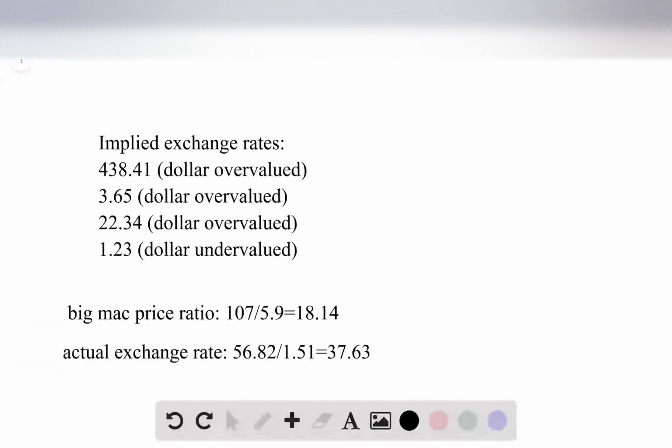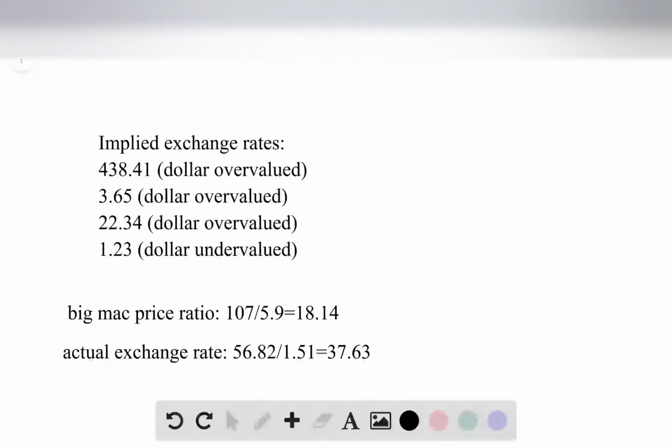Then we can look at the actual exchange rate, which is based on the conversion of the Russian ruble to dollars and the New Zealand dollar to US dollars. And what we find is that the ratio is significantly higher in the actual exchange rate. So what this tells us is that the New Zealand dollar is actually overvalued.